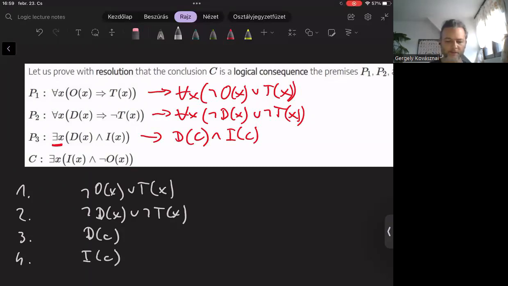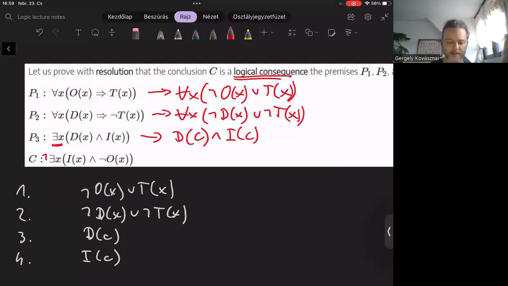Okay, and then let's translate the conclusion formula to CNF, but not exactly. As you know, we are about to prove logical consequence now. Therefore, first, we must negate the conclusion formula. So basically, the formula we have to translate into CNF is the negation of exists x, Ix and not Ox.